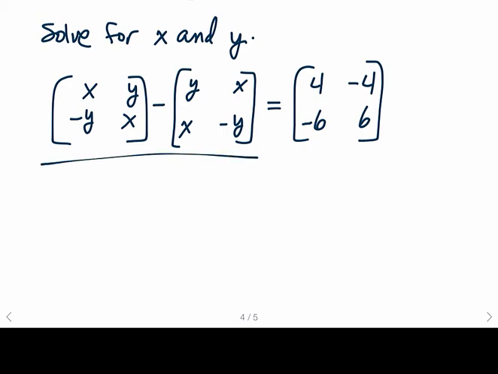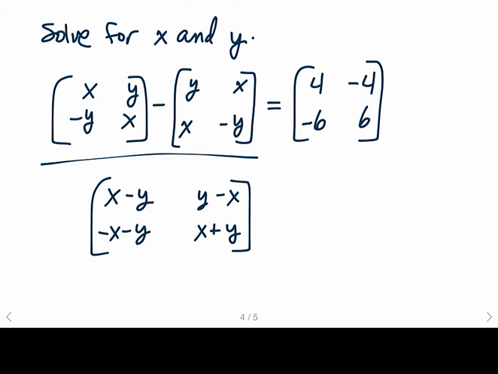It says to subtract, so I'm going to subtract. I'm going to write down a new matrix, x minus y, negative x minus y in the first column, x minus y, x plus y. That's the matrix on the left from subtracting, and that's supposed to be equal to [4, negative 4, negative 6, 6].